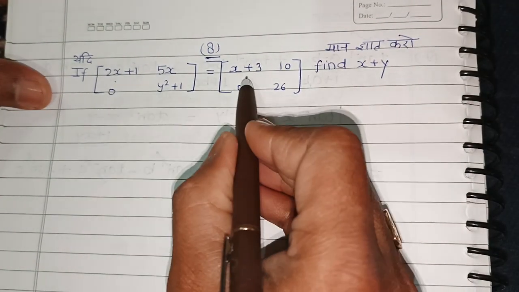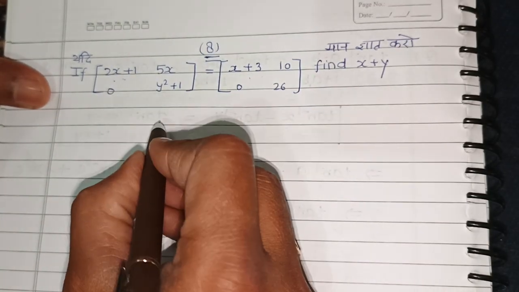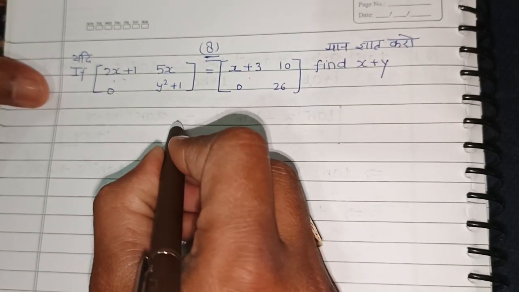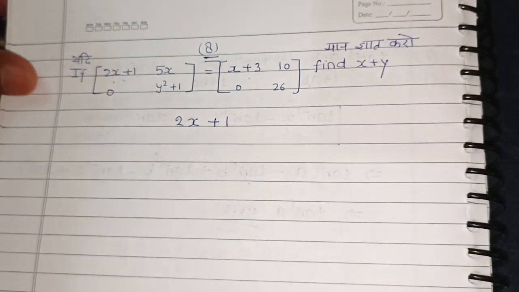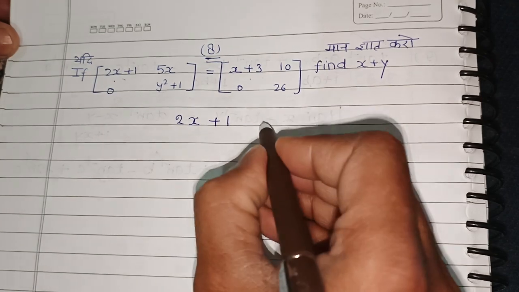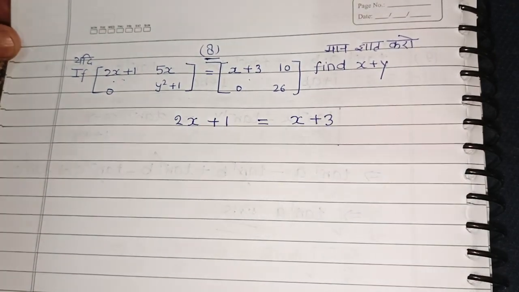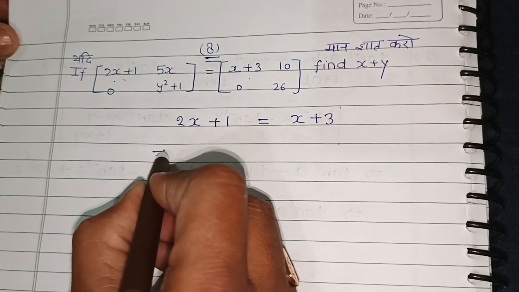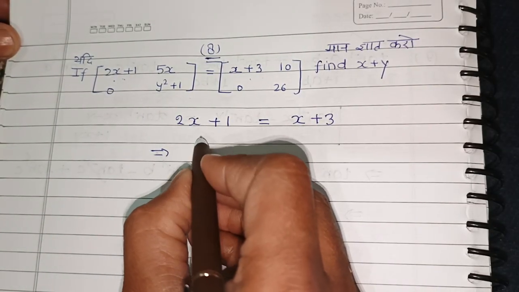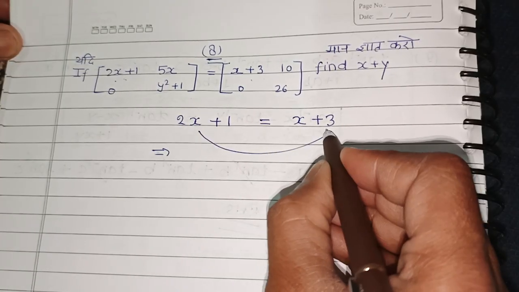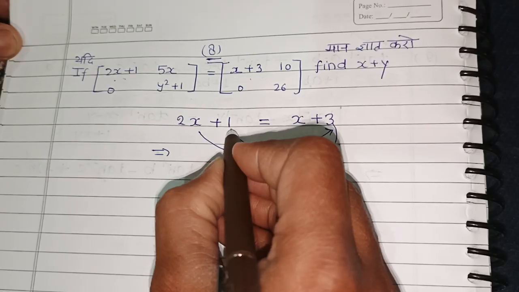This ये इसके इक्वल होगा, this equal to this, so we can write 2x plus 1 is equal to x plus 3. Now we will transfer 2x here and we will transfer 3 here.